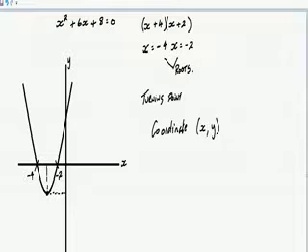The coordinate for the turning point. Now if they've got this all gridded off, then you can read it off. In some of the questions in the assignment, it's gridded off, so you can read off what the solution is.